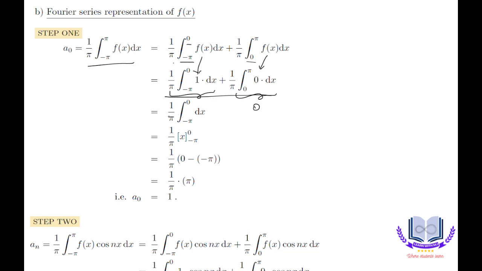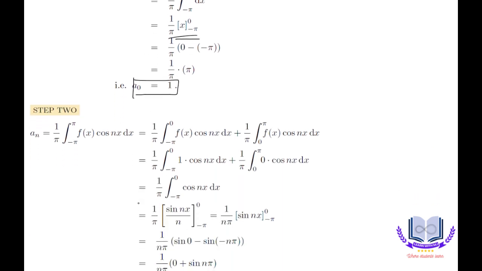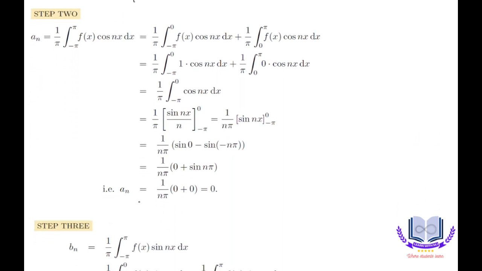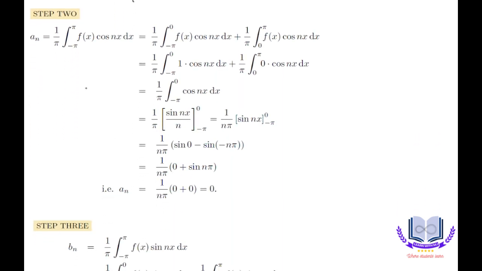Okay. So the result will be 1 upon pi integration of minus pi to 0, and after solving it, we will get the value of a naught as 1. Now what we have to do, in the second step, we have to calculate the value of a n. Okay. And again, we have to use the same thing. 1 upon pi, we have to break the limit from minus pi to 0 and 0 to pi.